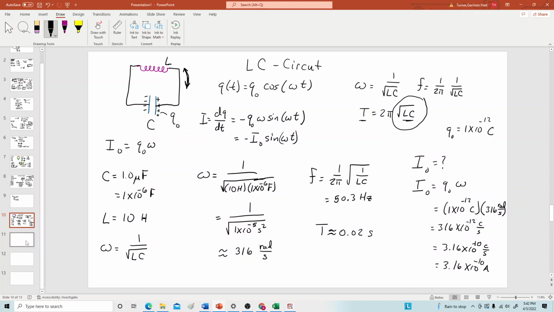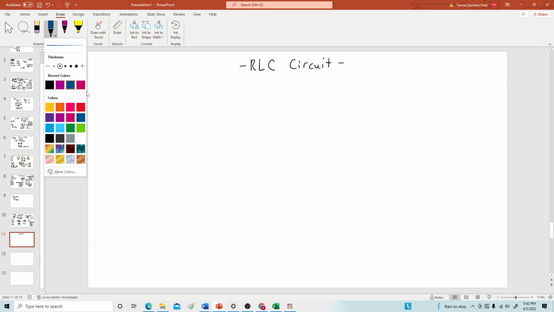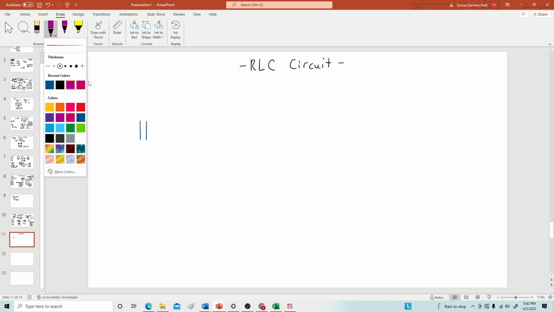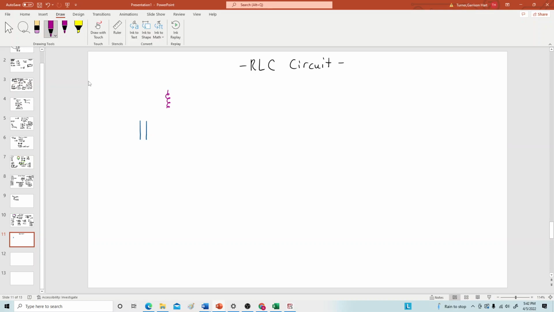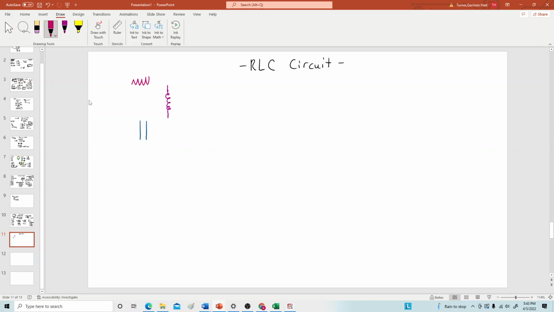And now let's turn our attention to the RLC circuit. So an RLC circuit, if I have a capacitor and I have an inductor, and I have a resistor, and I have all of these connected together.